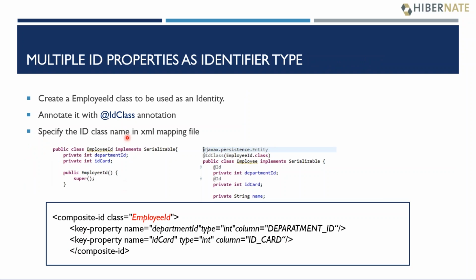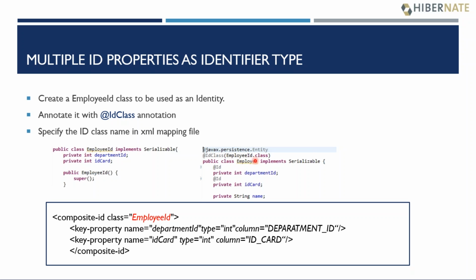The other way, if you're using the annotation, you'll create a class called EmployeeID, and in that class you will place all the columns that are working as primary key, that is department ID and the ID card.